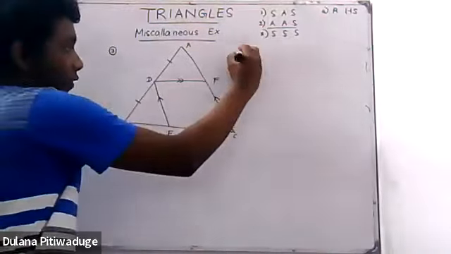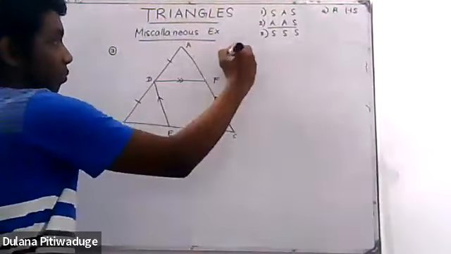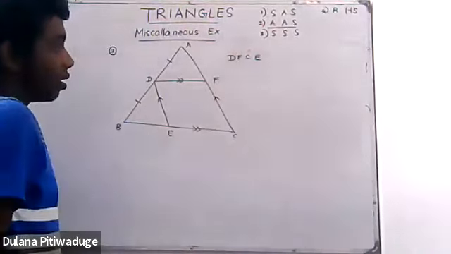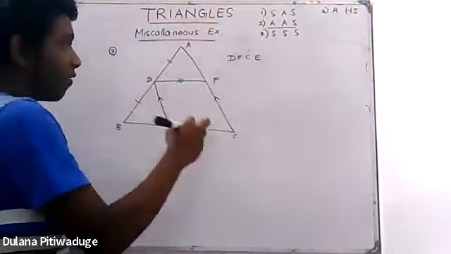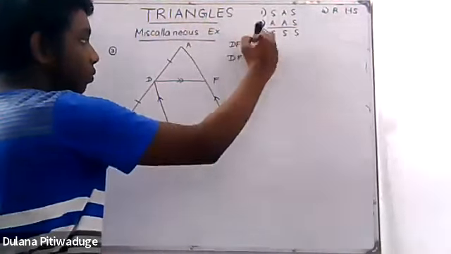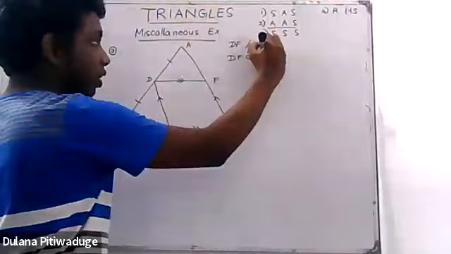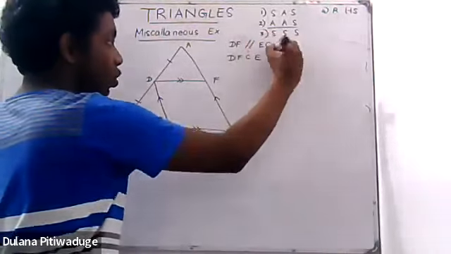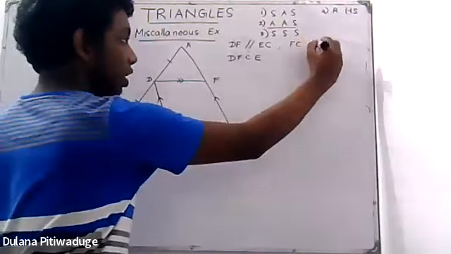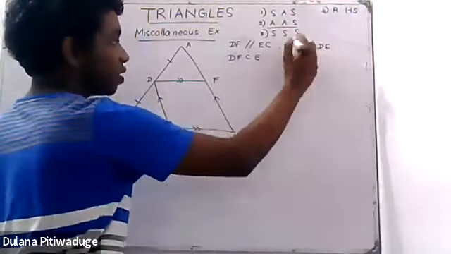Considering BFCE, as a fact, they have given that DF is parallel to EC. And also they have given that FC is parallel to DE.